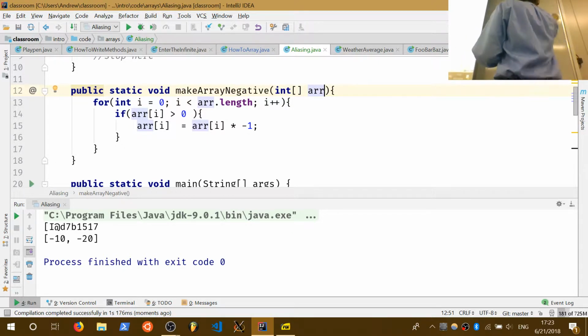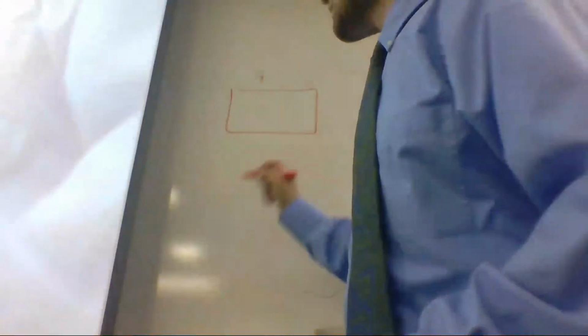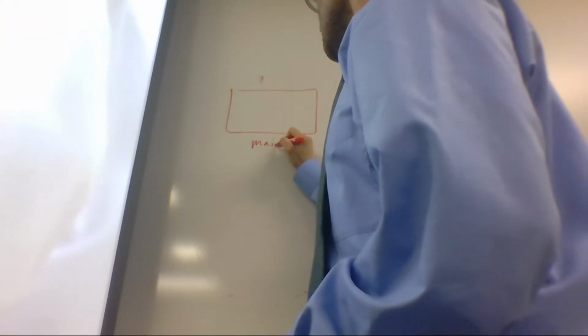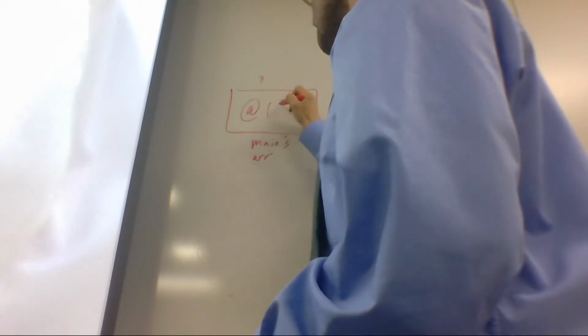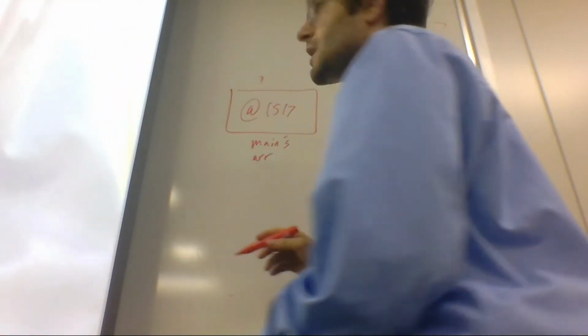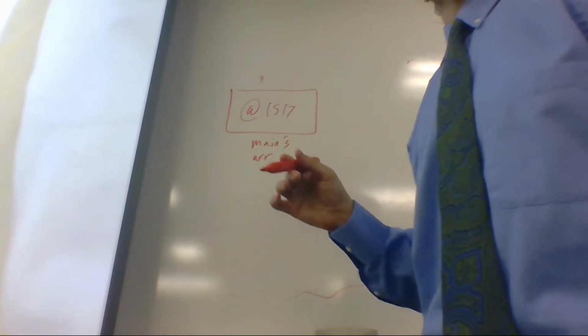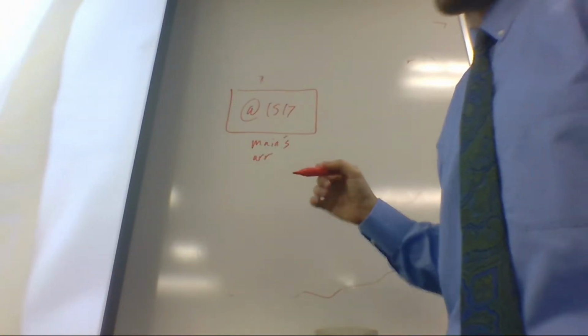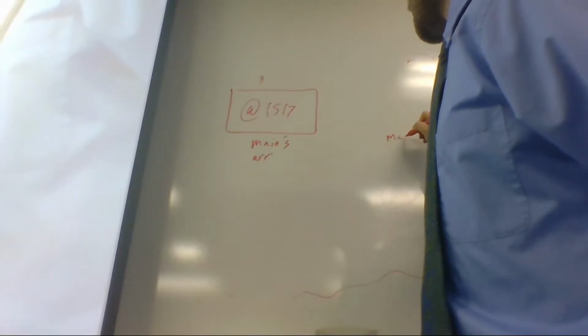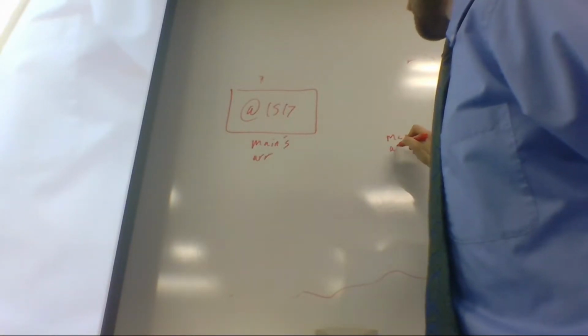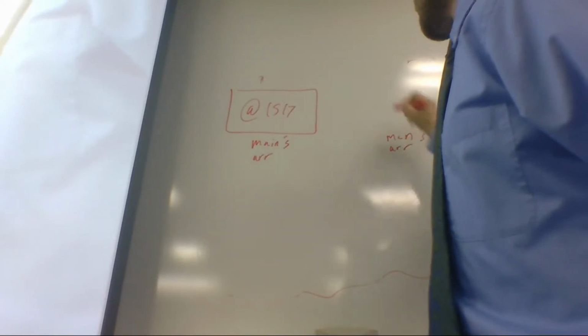In the main method, we have main's r, which is memory location 1517. And then we're passing this into makeArrayNegative, which I'll call make's r.